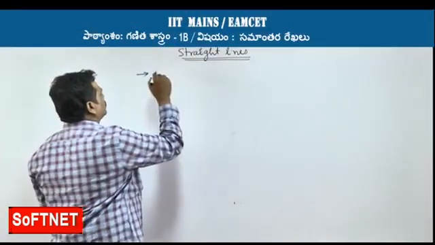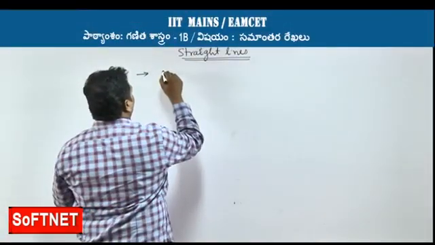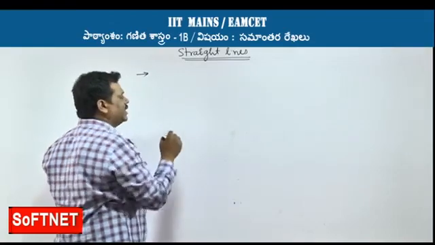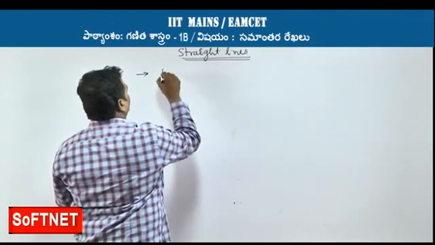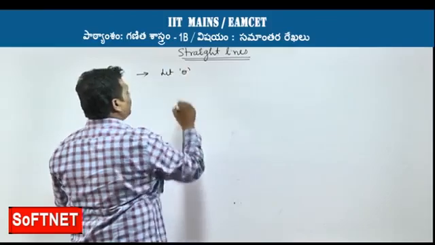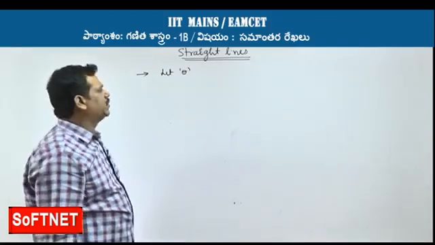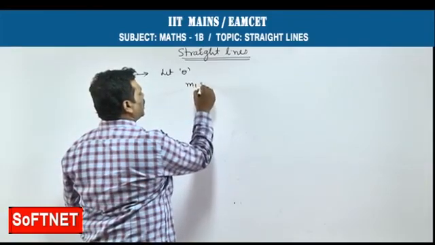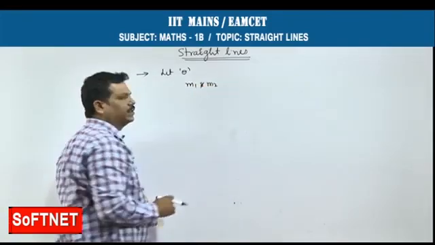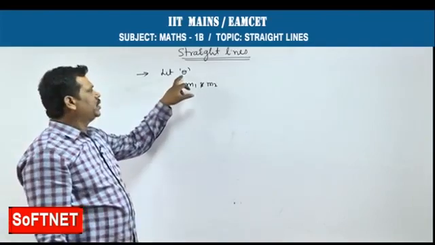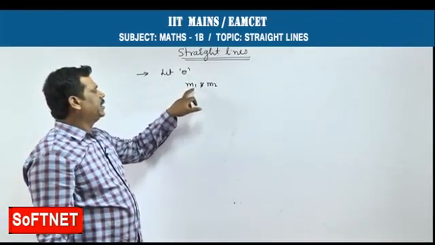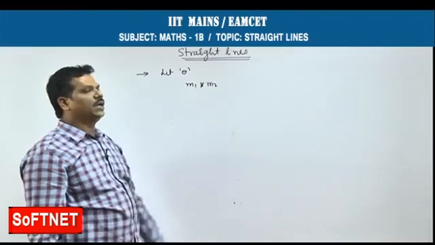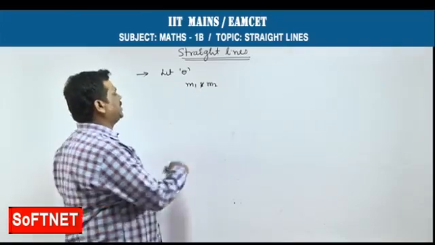Next point is, let theta be the angle between two non-vertical lines, and let m1 and m2 be the slopes of those lines.